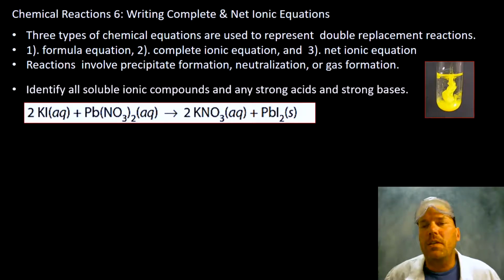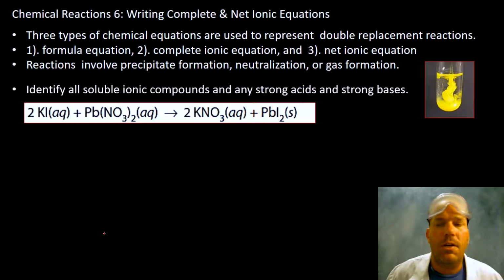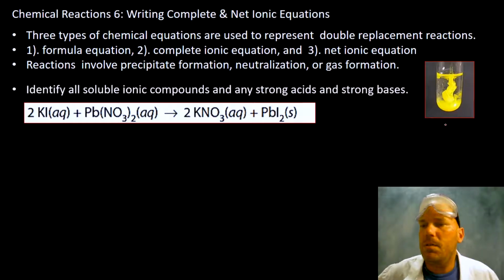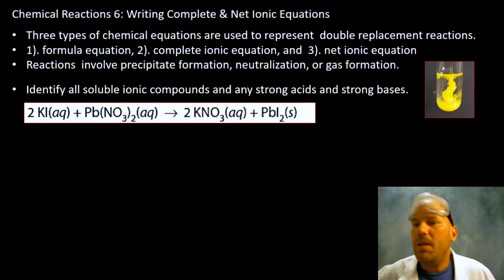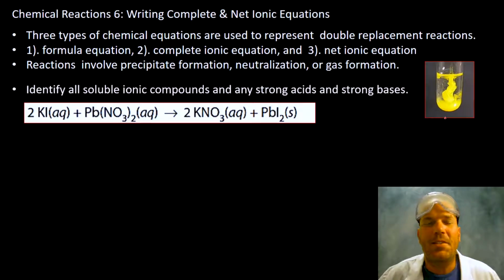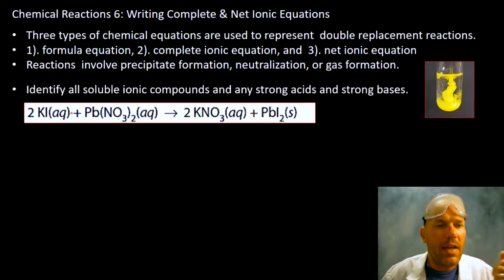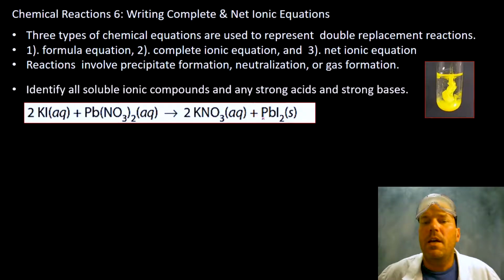So here's a reaction that we looked at in an earlier podcast. Beautiful yellow precipitate. I'm sure by this point we've done this one in class, so it's a good starting point for us. I have here the balanced formula equation for potassium iodide being mixed with lead(II) nitrate, and we get this beautiful yellow lead(II) iodide precipitate.